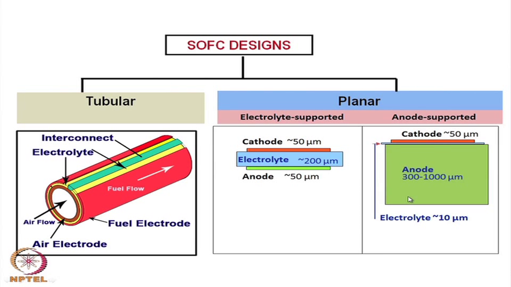So, these are just sandwich structures, planar structures, but the problem here is you have to separate out the fuel side and the oxidant side. So, one needs other kinds of support structures or sealed chambers, so that the two gases can flow and do not come in contact with each other. So, that is a challenge of course, we will see how it can be done.